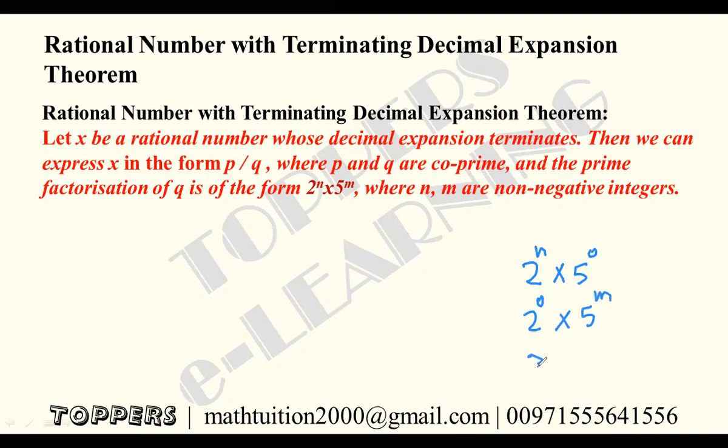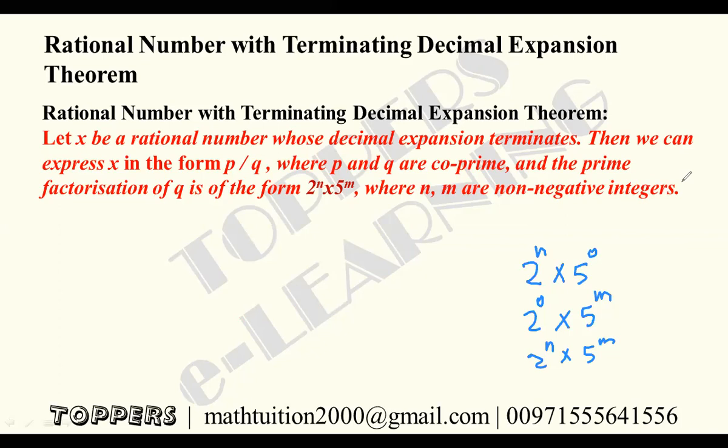If both are there, then 2 raised to n into 5 raised to m, or 2 raised to m into 5 raised to n. We can interchange, depending upon the syllabus and books. Fine. So this is the theorem we can say: the rational number with terminating decimal expansion theorem.